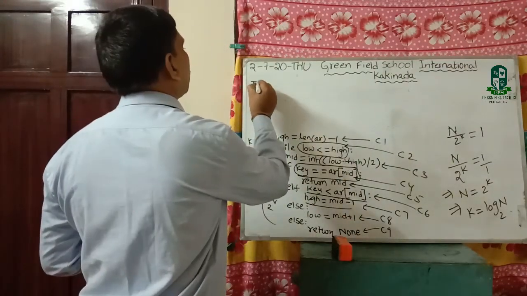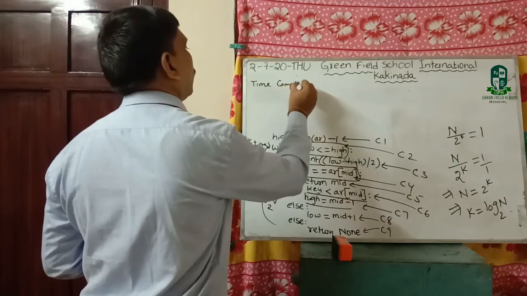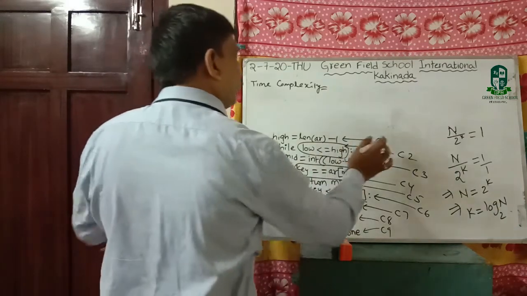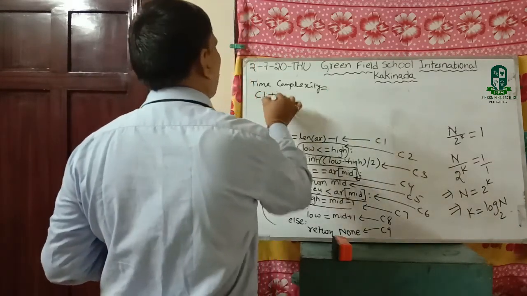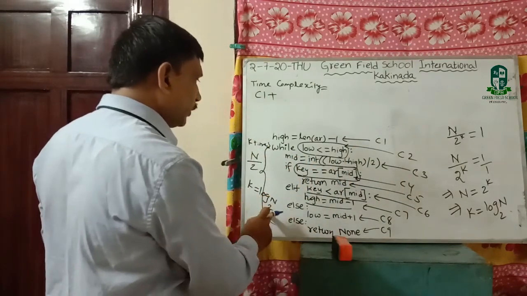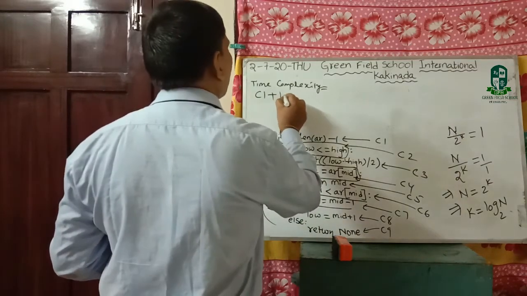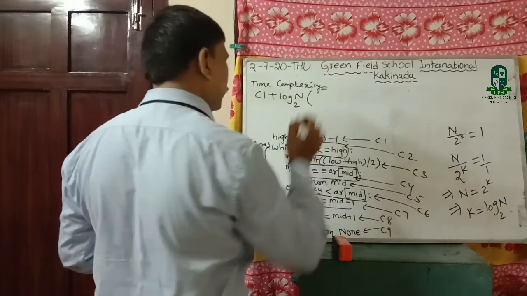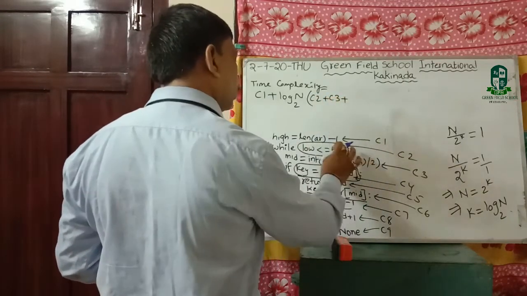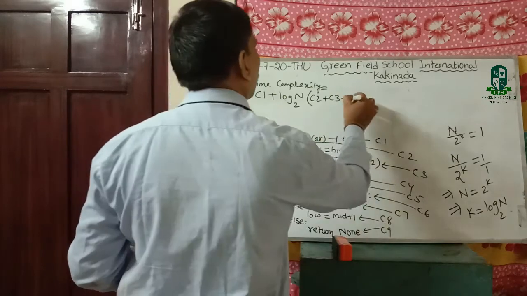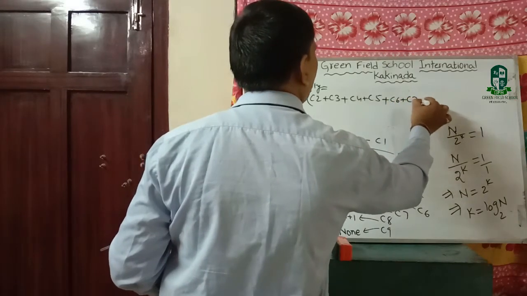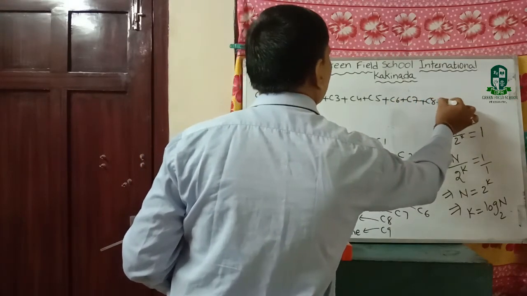The time complexity is equal to C1 plus, this one is repeated log n to the base 2 times, so log n to the base 2 into C2 plus C3 plus C4 plus C5 plus C6 plus C7 plus C8, plus C9.